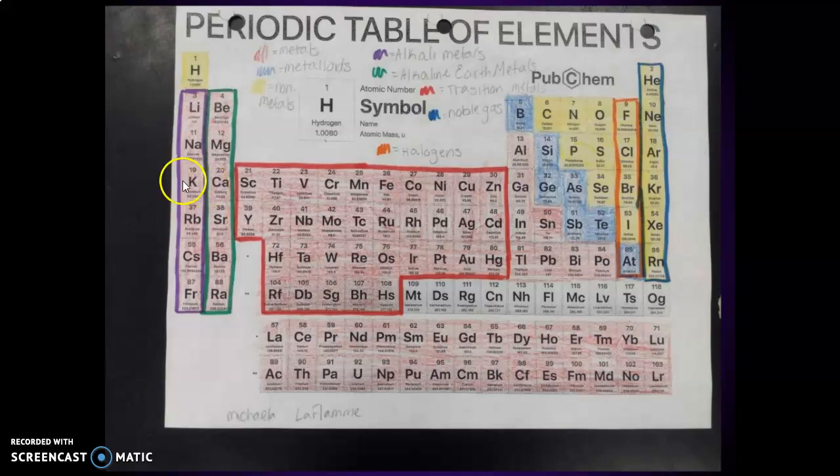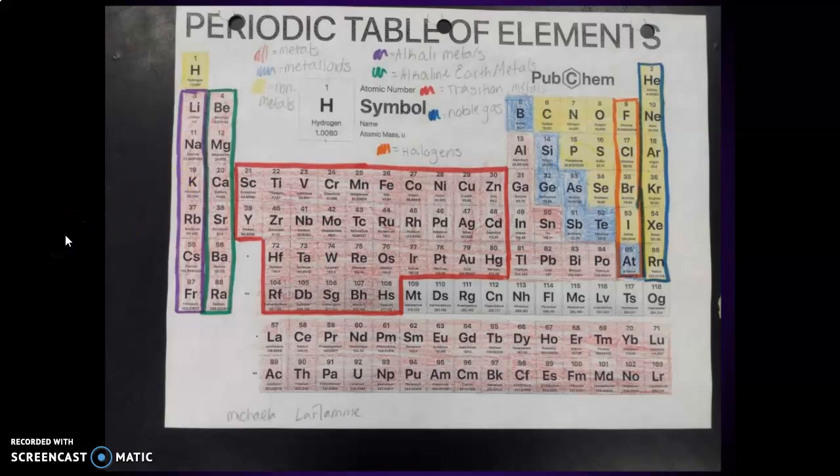If you look at your color-coded periodic table, you will see that as you move from left to right, elements tend to become less metallic. So over here to the left, they're metallic. Then we get into the metalloids, which are kind of in between metals and nonmetals. And then you finally get into this region here of the nonmetals. So elements tend to get less metallic as you move across the periodic table from left to right.